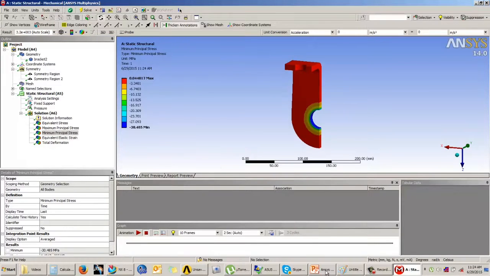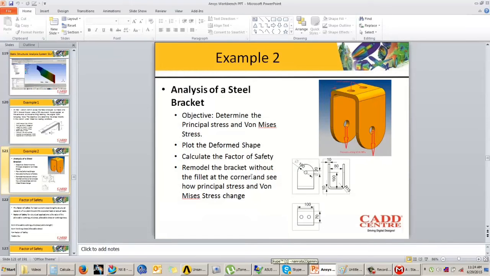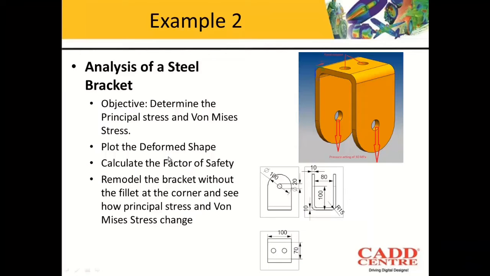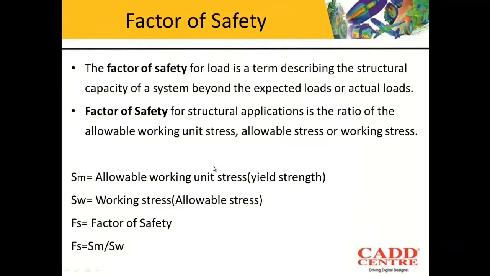Okay. In this problem, they have also mentioned that you need to calculate the factor of safety. Now, before we understand how to calculate it in Ansys Workbench, we will understand some concepts about factor of safety. Factor of safety is nothing but the structural capacity of a system beyond the actual loads.